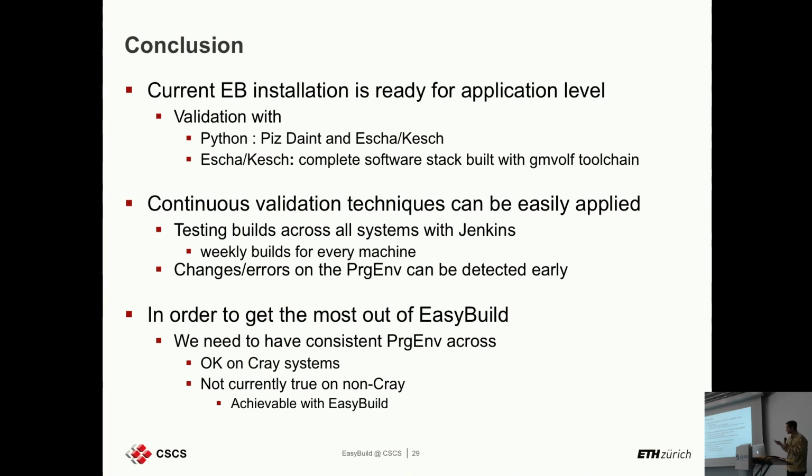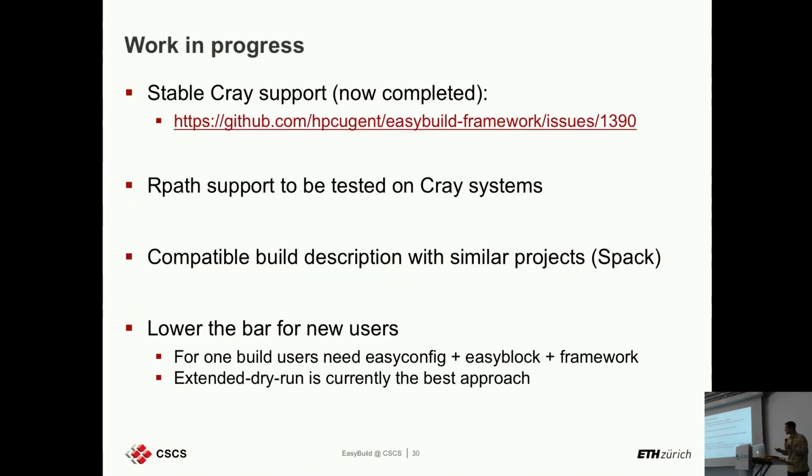it shows that in order to get the most out of EasyBuild, you really need to have a consistent programming environment across Cray systems and non-Cray systems, which is achievable with EasyBuild if you are on a non-Cray system. Work in progress. Well, the stable Cray support is already there because the issue has been closed in December.